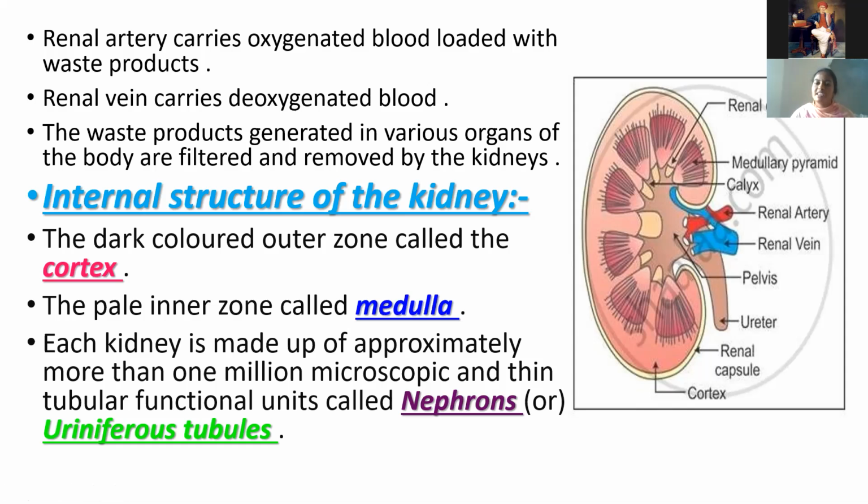Each kidney is made up of more than 1 million microscopic, thin tubular functional units called nephrons or uriniferous tubules. What is the structural and functional unit of the kidney? The nephron or uriniferous tubule.